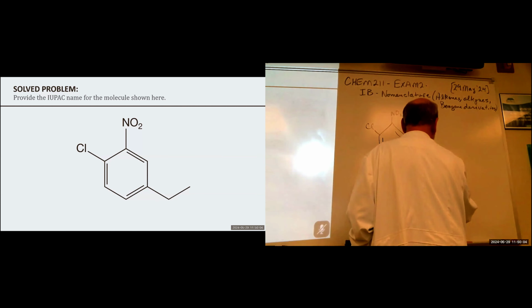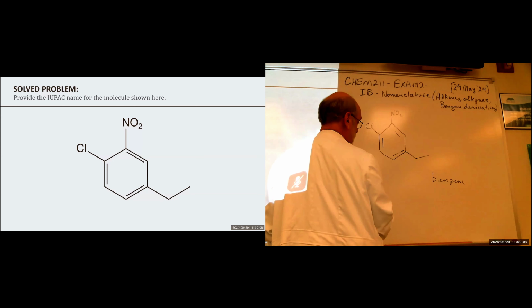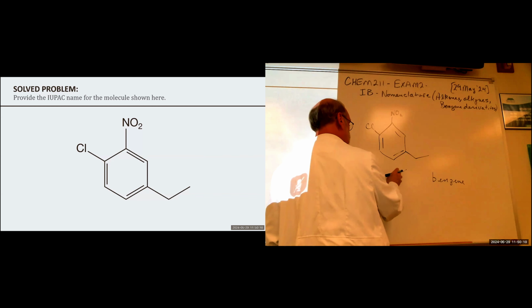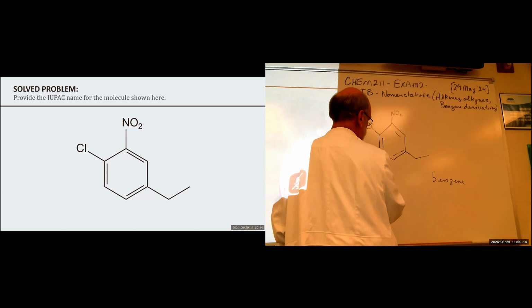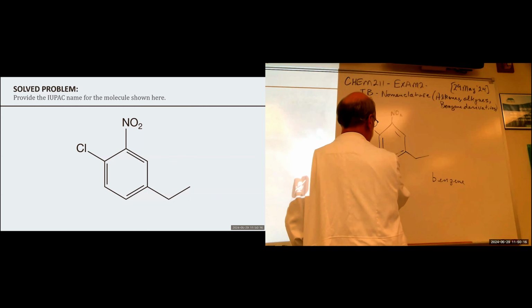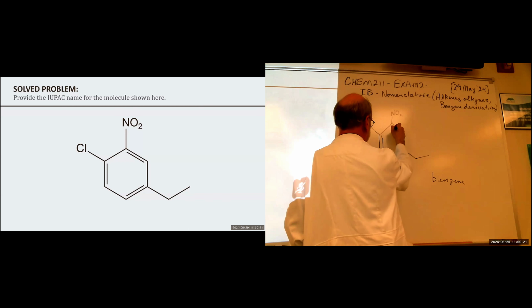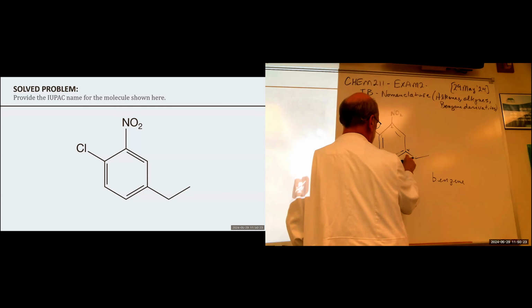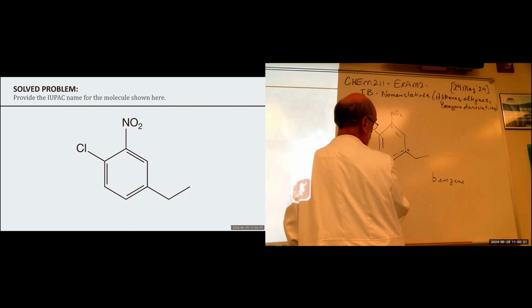So this is going to be benzene is our root. And our substituents are going to be, what's the least numbering system? We start from here. It's 1, 2, 3, 4. 1, 2, 4. We start from here. It's 1, 2, 3, 4, 5. That won't work. Start from here to be 1, 2, 3, 4. That's still larger.